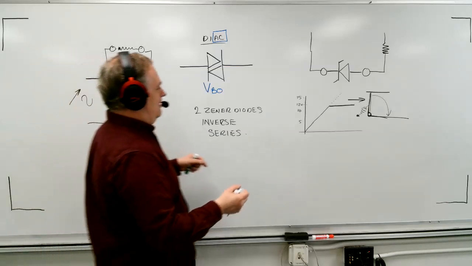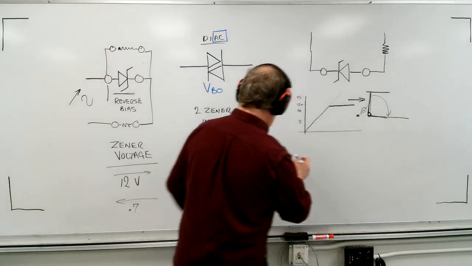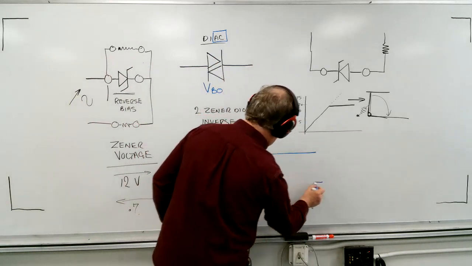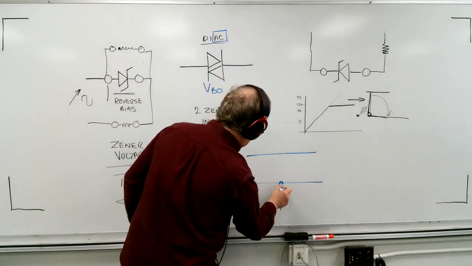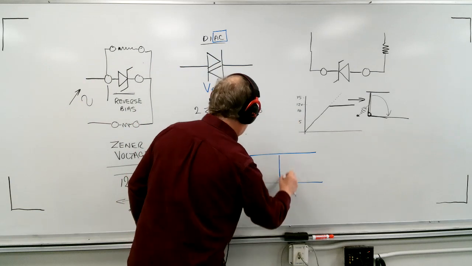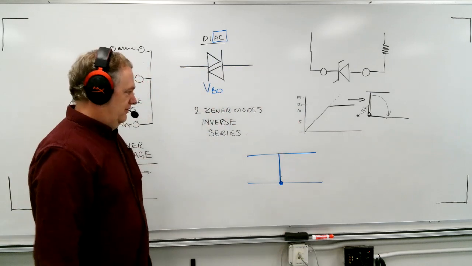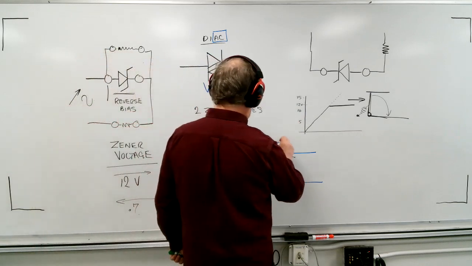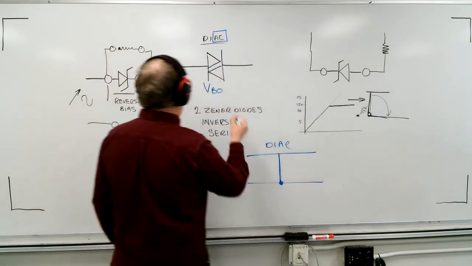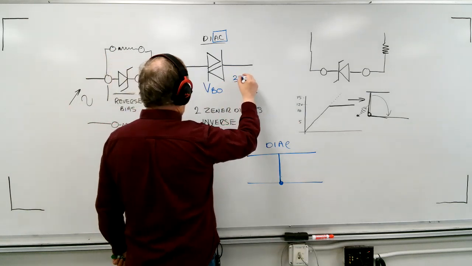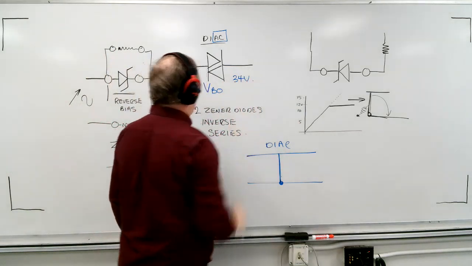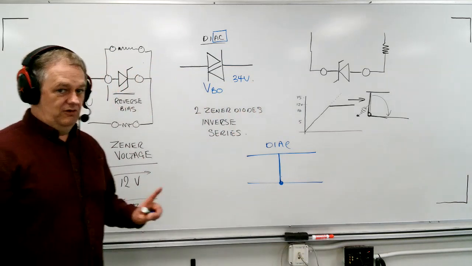So in other words, imagine that you have this. This is a simplified version, okay? There's my spring door. This diac is shut. It is a 34 volt diac, 34 volt.